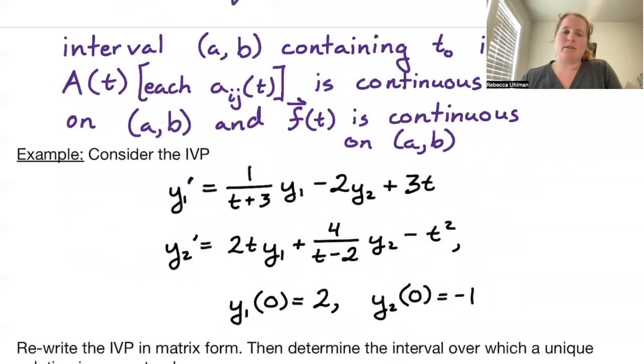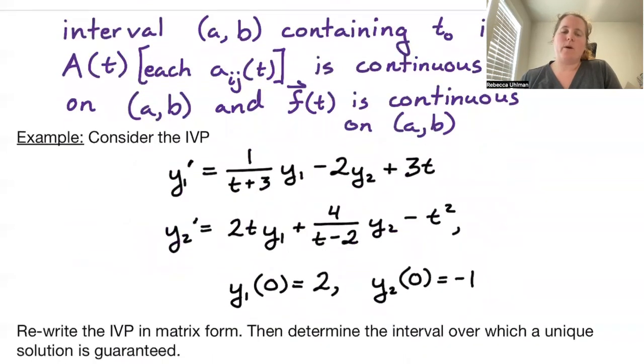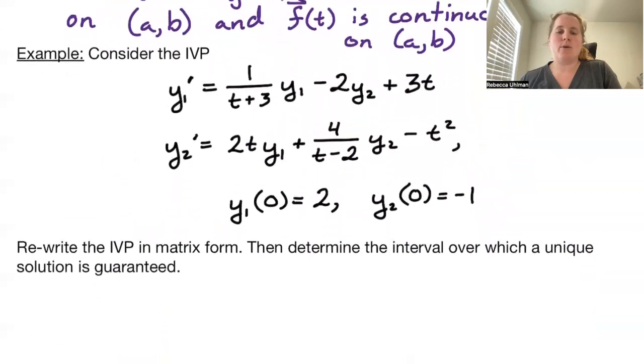So let's go ahead and consider the IVP. y1 prime is equal to 1 over t plus 3 times y1 minus 2y2 plus 3t, and y2 prime is equal to 2t times y1 plus 4 over t minus 2 times y2 minus t squared, with initial conditions y1 of 0 equals 2 and y2 of 0 is negative 1.